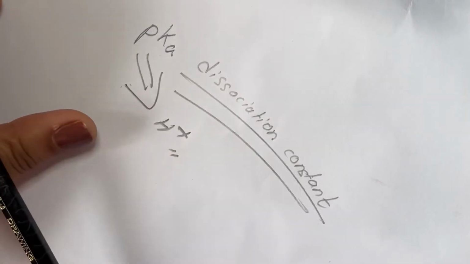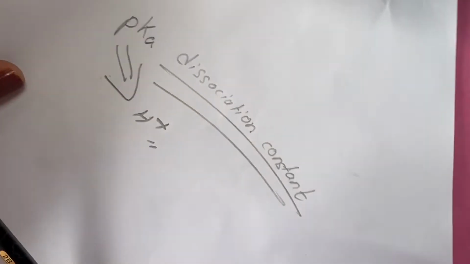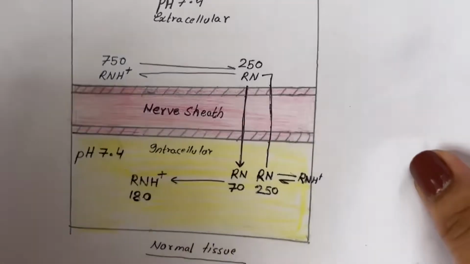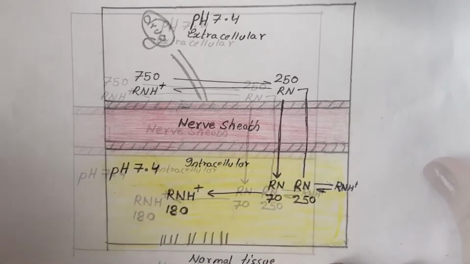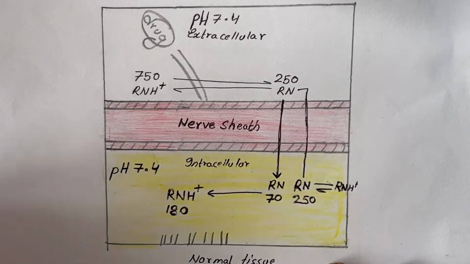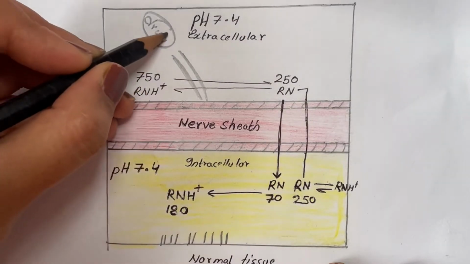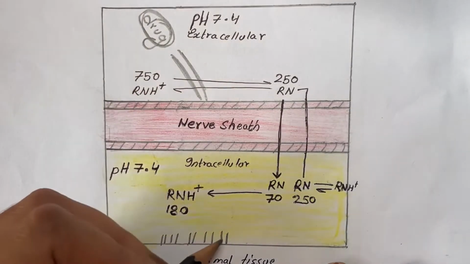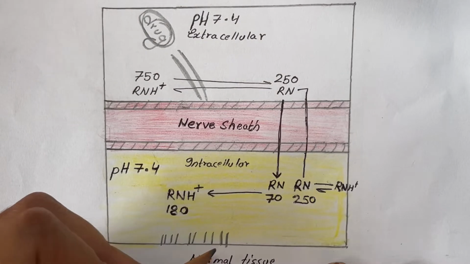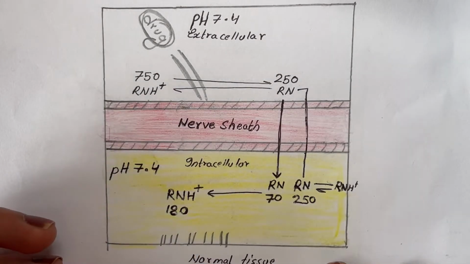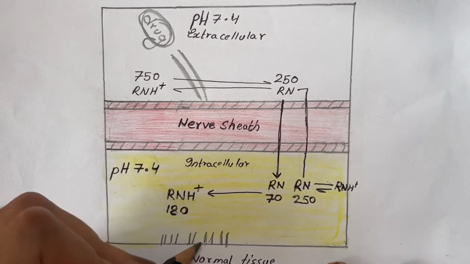Now we are going to discuss the mechanism of action of a local anesthetic molecule in normal tissue. Two factors are involved in the action of local anesthesia: one is diffusion of the drug through the nerve sheath, and the other is binding at the receptor site in the ion channel.